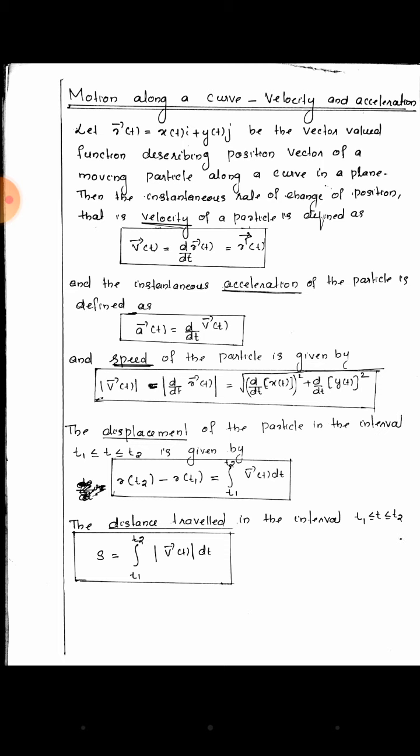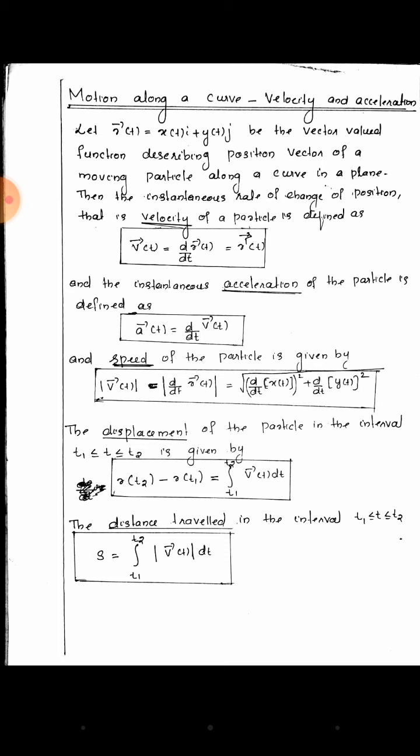The speed of a particle is modulus of v of t, or modulus of d by dt of r of t. So we find the modulus of a vector. For example, if vector r is equal to xi plus yj plus zk, then modulus of r is equal to square root of x square plus y square plus z square, that is, the square root of the sum of the squares of each component.